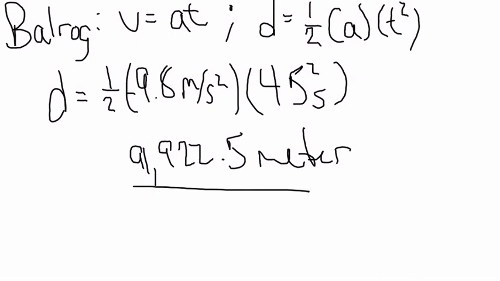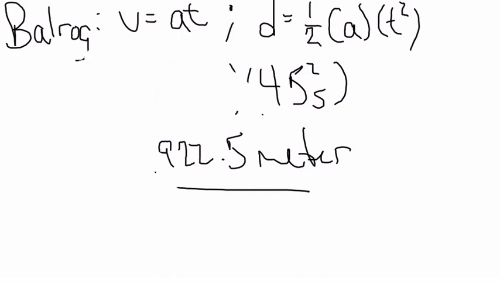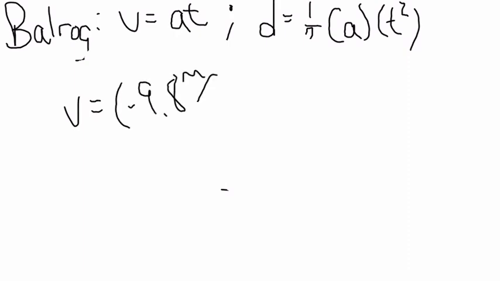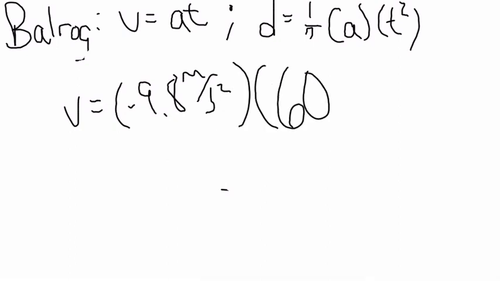So let's erase that, and we can find out the Balrog's velocity at the bottom of the fall. Okay, so we see velocity equals acceleration, which again is negative 9.8 meters per second squared, times the time, which is 60 seconds, because that's the time it took them to fall, which might start looking familiar because it's the same exact one we used for Gandalf.